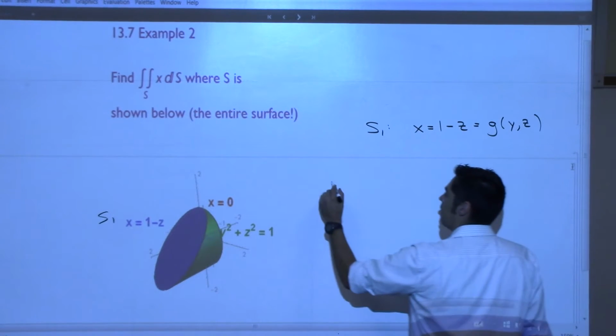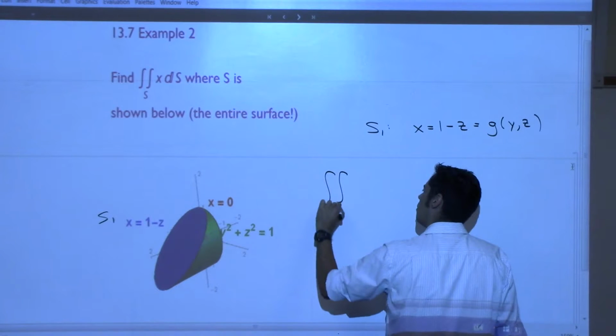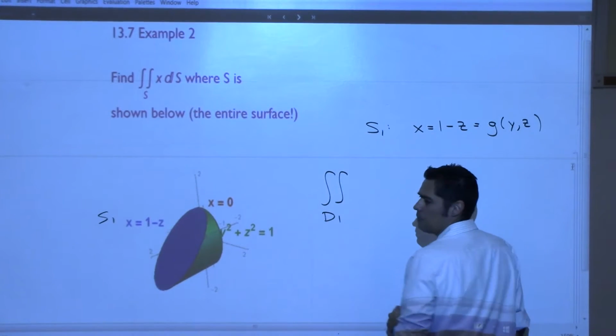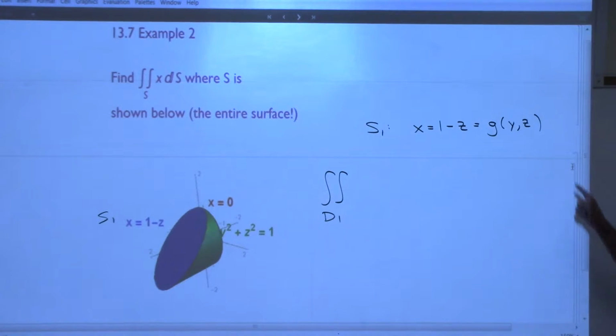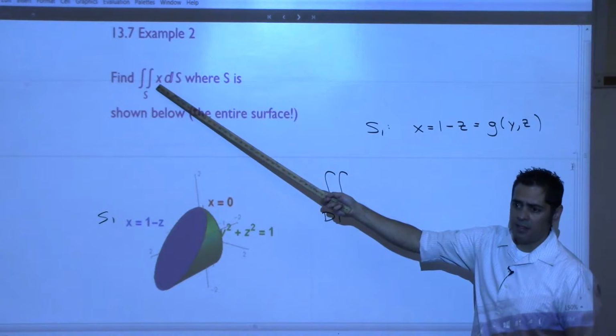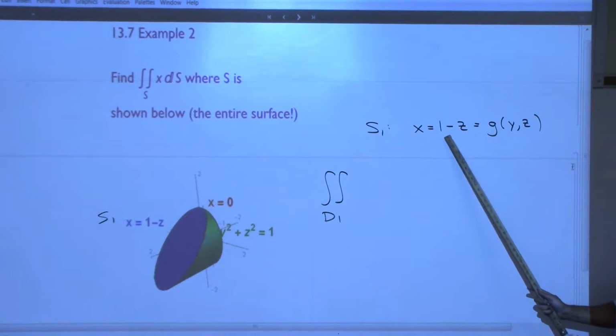So I've got double integral over, let's call this D1. D1 is going to be the domain that draws me this surface. Now I plug in what? The scalar function. I replace x with, well, x is this, right?